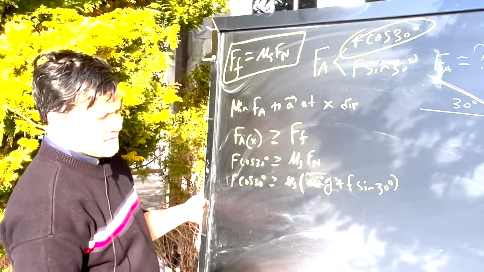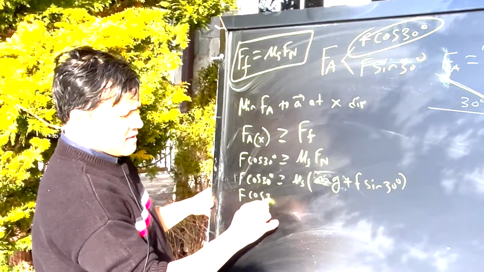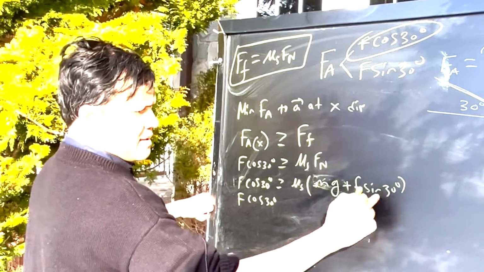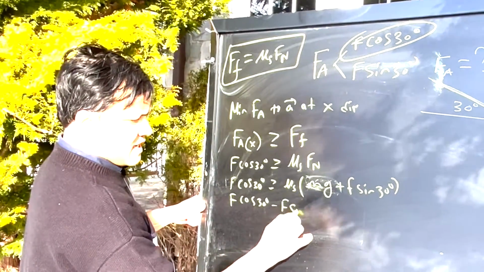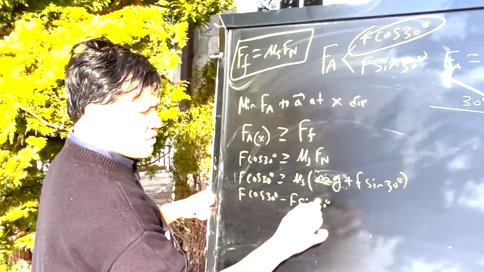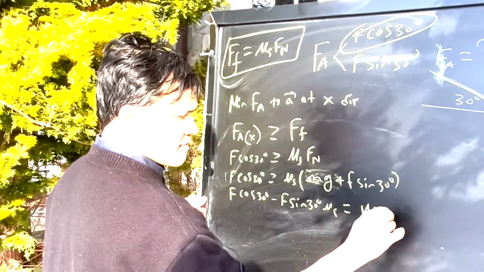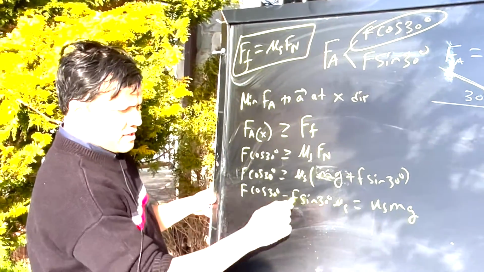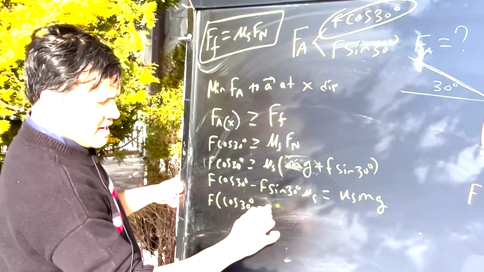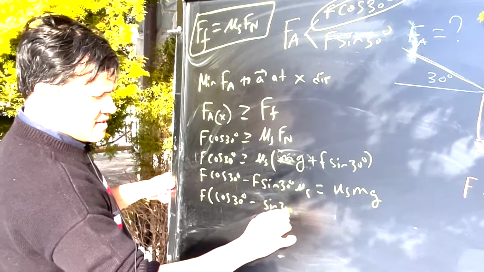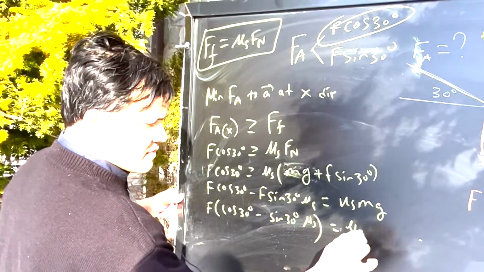Okay, now I'm going to bring the F sine 30 to this side, so negative F sine 30 degrees mu s, equal to mu s mg. So factor out F: F times cosine 30 degrees minus sine 30 degrees mu s is greater than or equal to mu s mg.